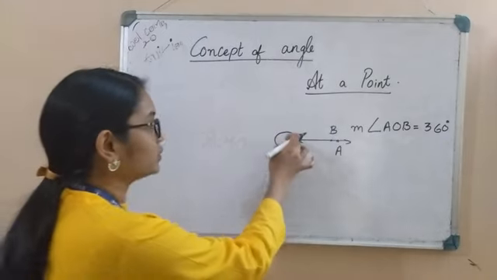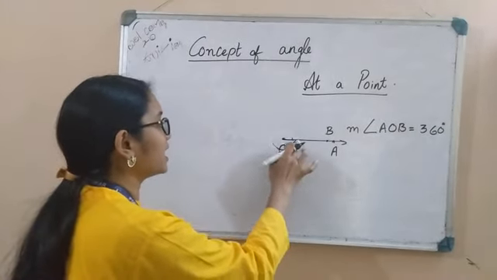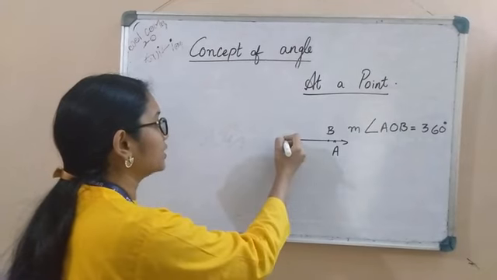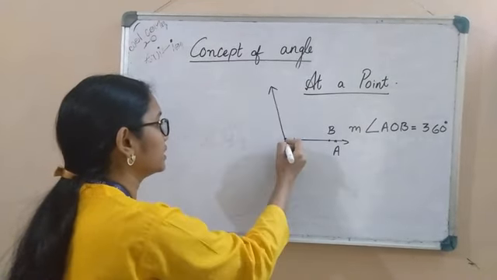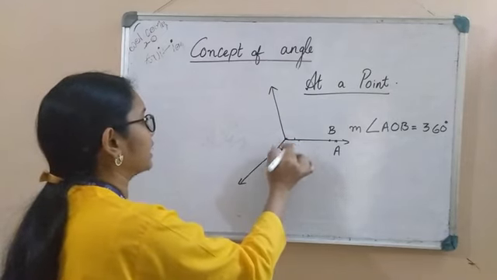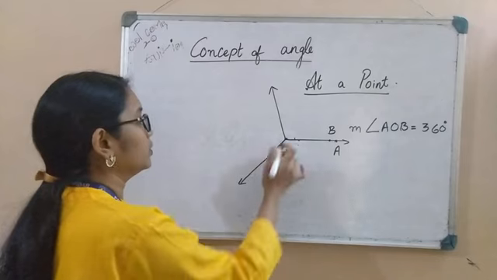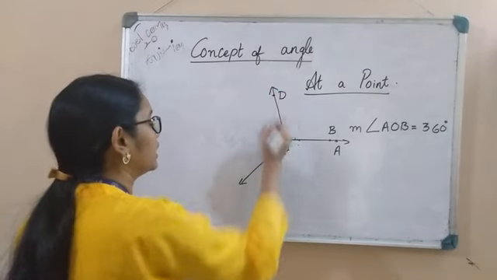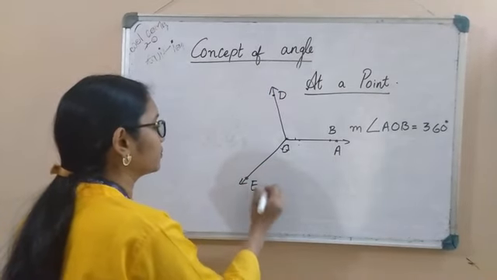Now if I draw many rays from point O, suppose I draw two more, OD and OE.